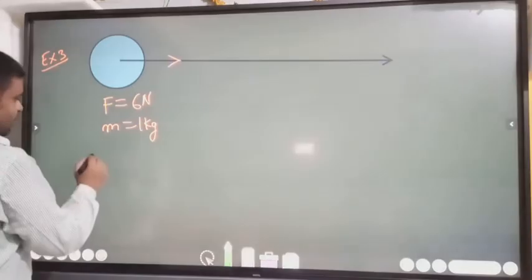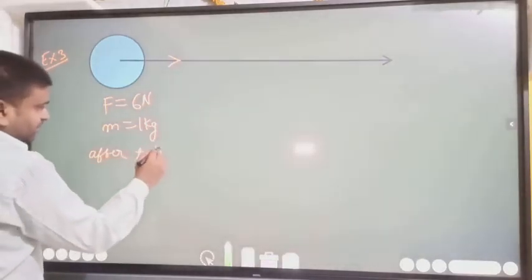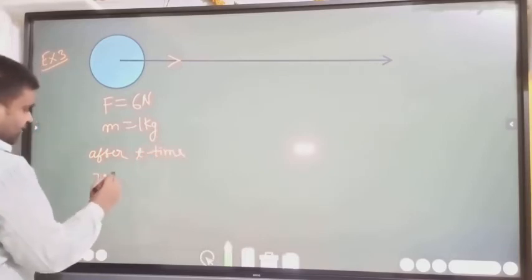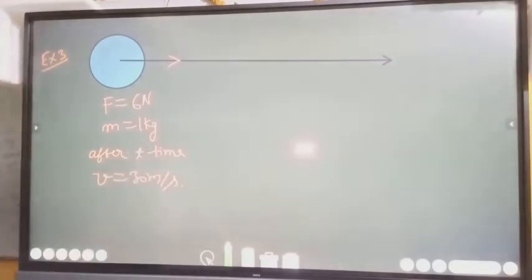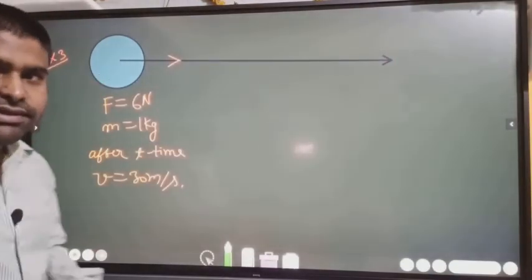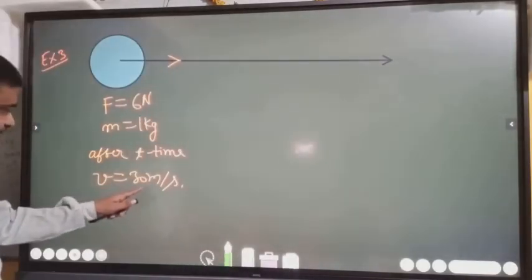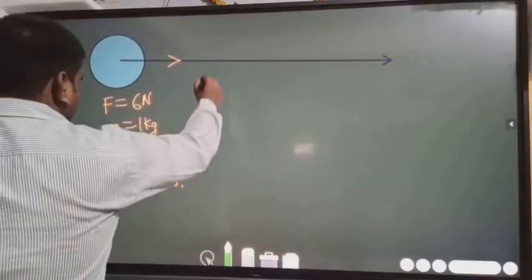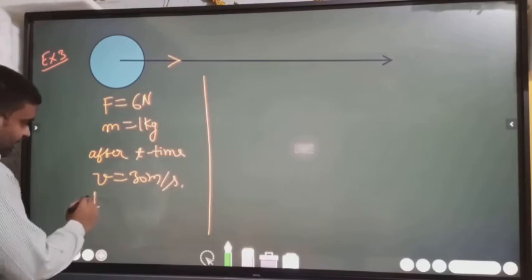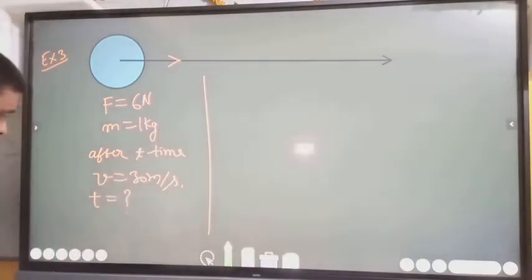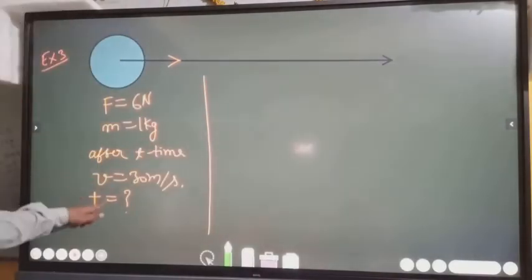After t time, it gets a velocity v equal to 30 meter per second. Initially this body is at rest. After t time, the velocity of this body is 30 meter per second. You have to find the time up to which the force acts upon this body.